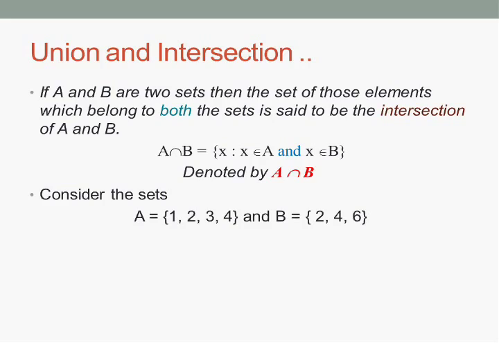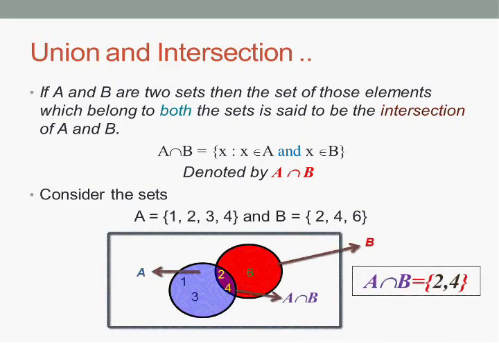It is clear that there are some elements which are common to both the sets A and B. The set of these common elements is said to be the intersection of A and B and is denoted by A intersection B. Here A intersection B is {2, 4}.